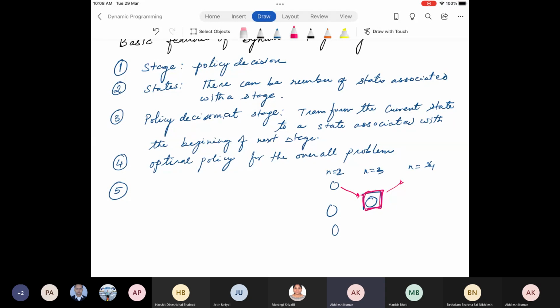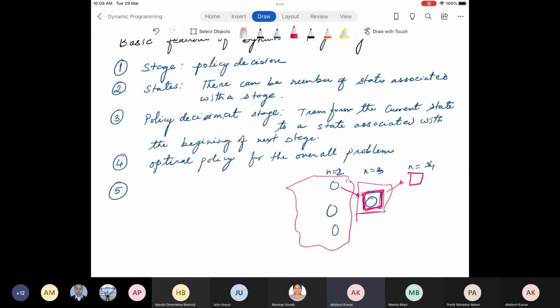So we have this Markovian property. The state I will be in next only depends on the state where I am right now. It does not care how I have reached here.